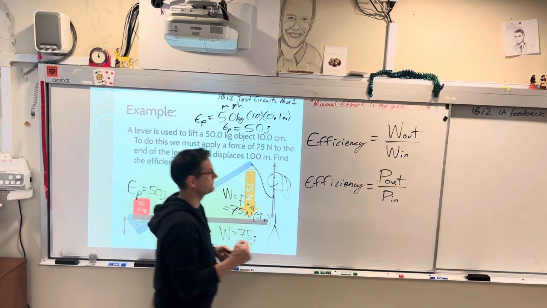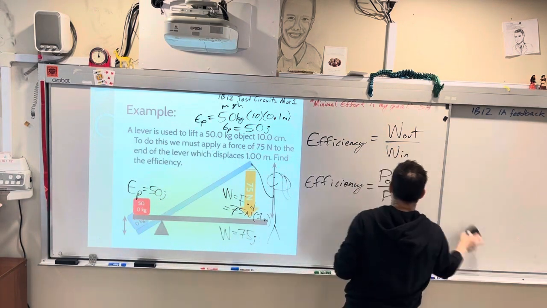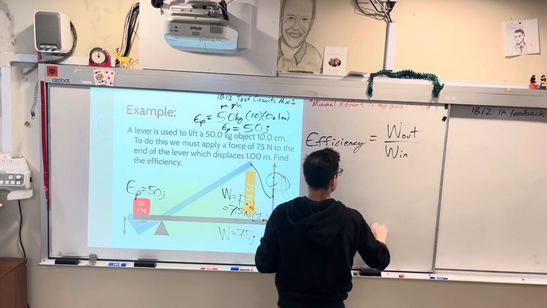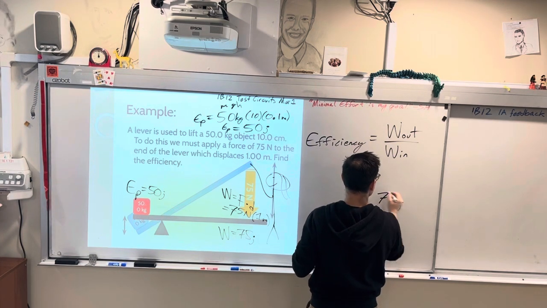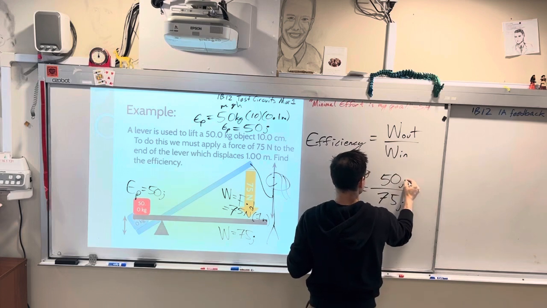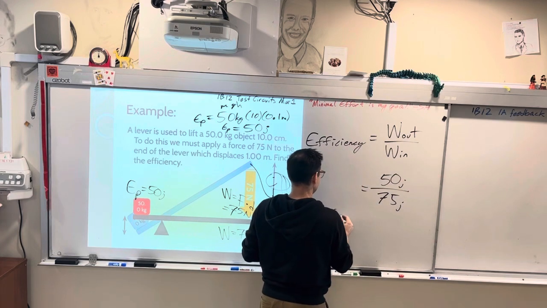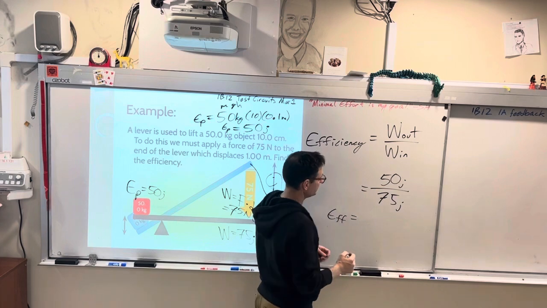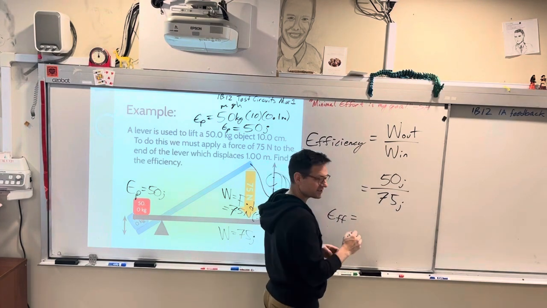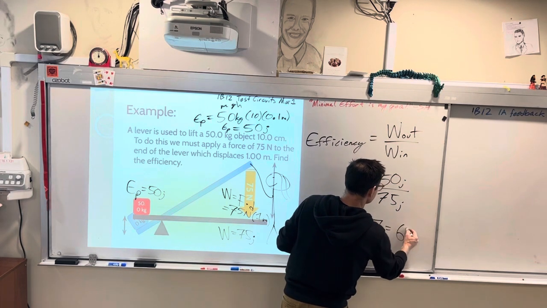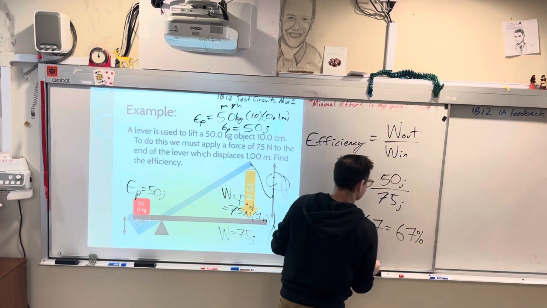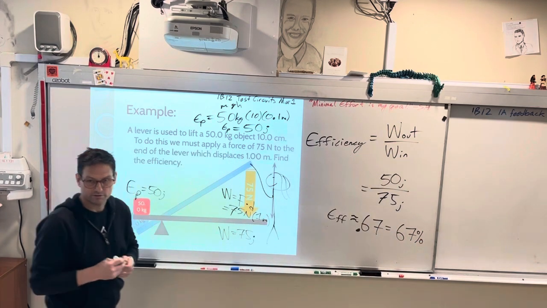No. So we're going to use this formula here. We'll go to power right now. She put in 75 joules. She got out 50 joules. So my efficiency is 66, I think, 67, around 0.67, which is equal to 67% efficiency.